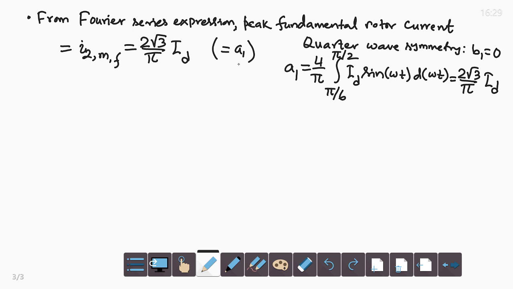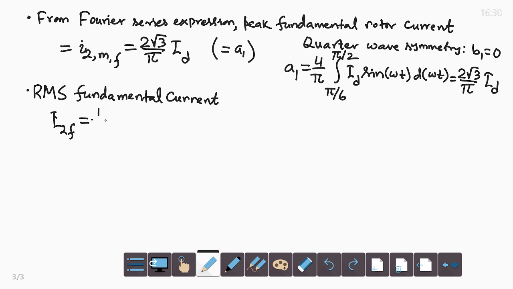And from this the RMS fundamental current, which we denote as I 2 f, is 1 by root 2 of A 1.